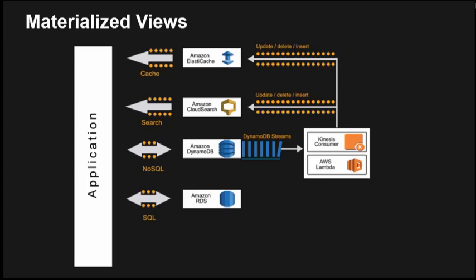You can have downstream applications take these changes and apply them to other systems such as search or caching mechanisms. So what I've done here is you can write a little Lambda function that will simply process the DynamoDB streams and propagate the change to a search subsystem such as Amazon CloudSearch or Elasticsearch, or you can also push that out to ElastiCache.